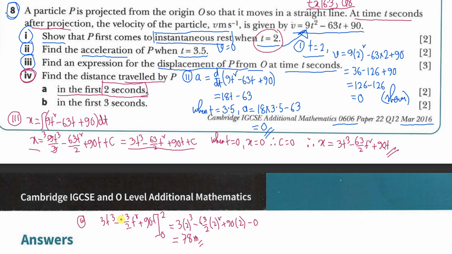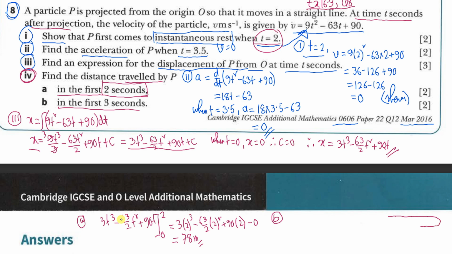Now the last question: in the first 3 seconds. We cannot go directly from 0 to 3 seconds, because at the moment t equals 2 it turns, since velocity becomes 0 at the point of rest. If I draw a diagram, I think it would be clearer.